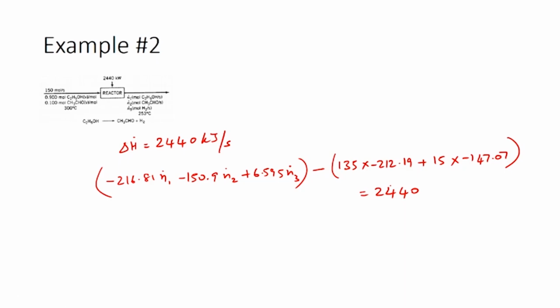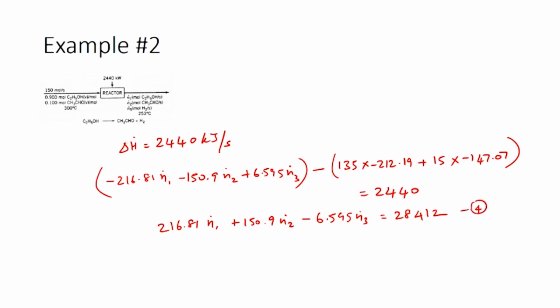So, you can simplify this equation and you will finally end up with the equation as 216.81 N1 dot plus 150.9 N2 dot minus 6.595 N3 dot, which would be equal to 28,412. So, this can be used as equation 4.